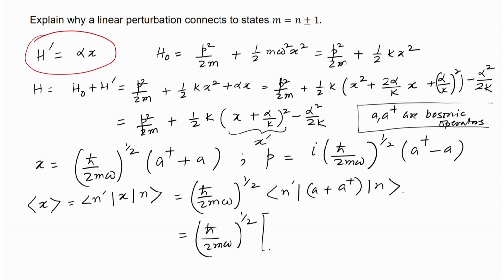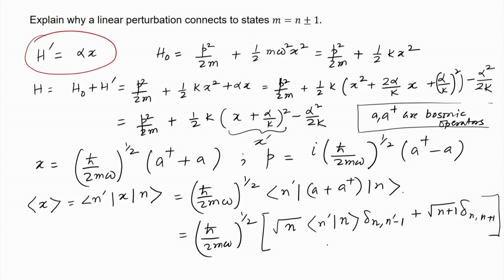These coefficients are simply root n, with delta n prime, n equal to n prime minus 1, and also root n plus 1, with n prime again n plus 1, and so on.